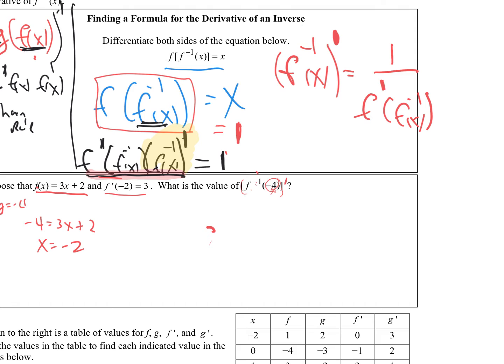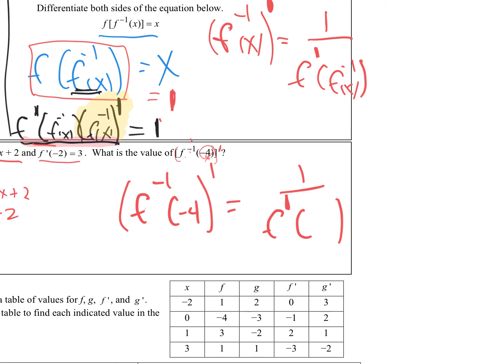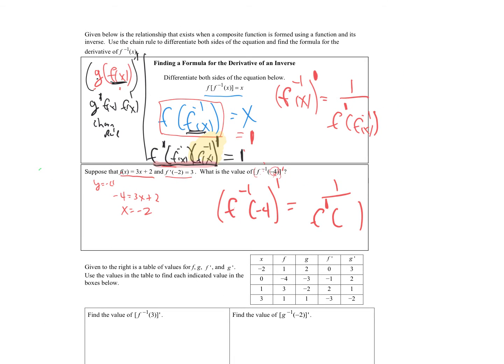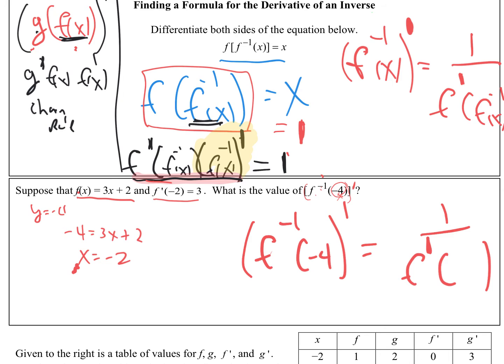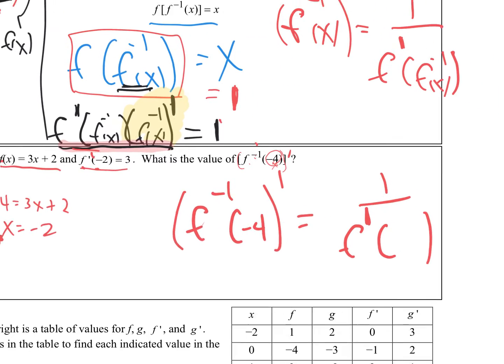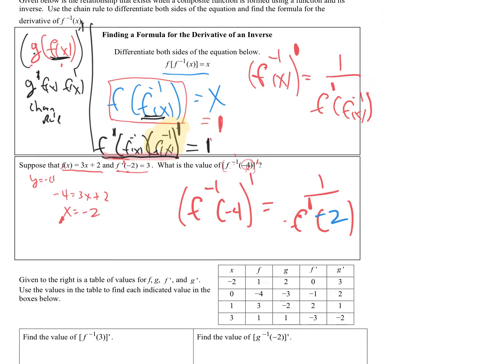The derivative of f inverse at -4 must be 1 over f prime of -2.